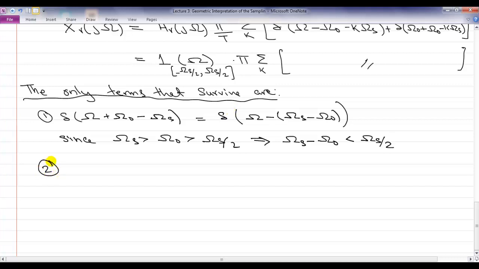The other term that is going to survive is δ(ω + ωs − ω0), once again because of the same reason, since ωs minus ω0 is less than ωs by 2.